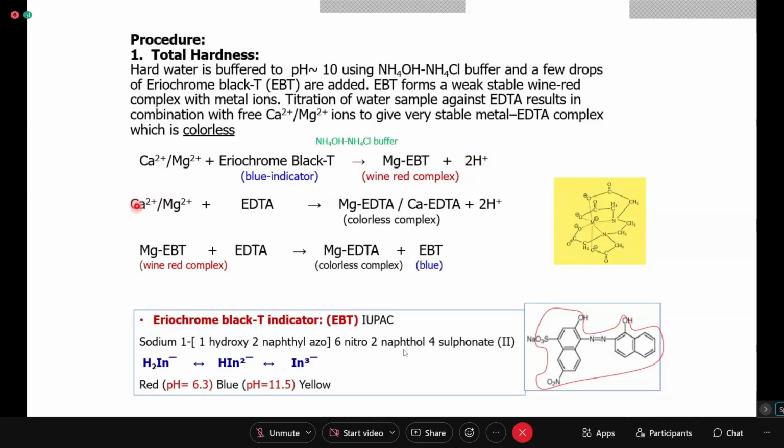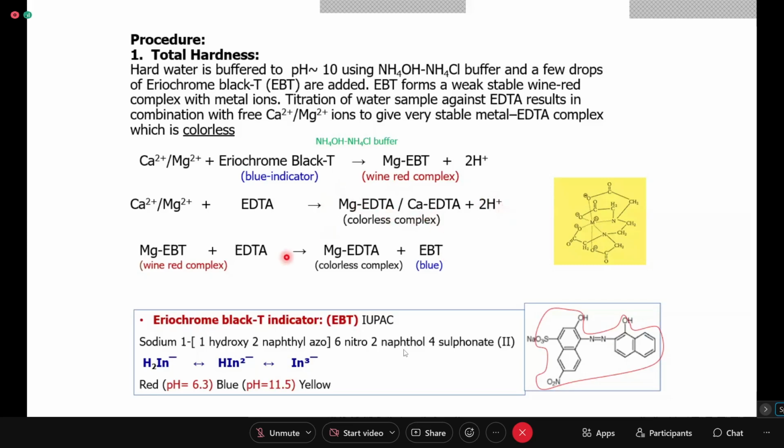Then calcium 2 plus or magnesium 2 plus, which is present in excess in the solution, will react with the EDTA coming from the burette, forming a magnesium EDTA chelated complex, which is colorless and water soluble, and twice H plus will be forming.